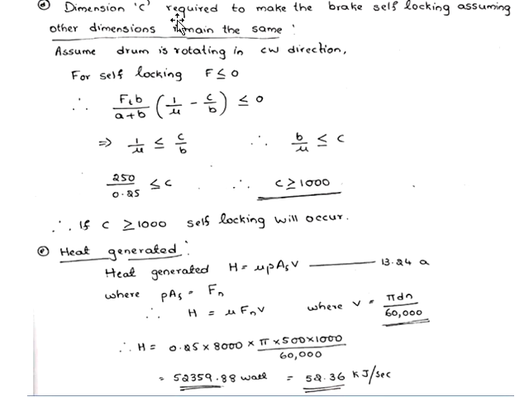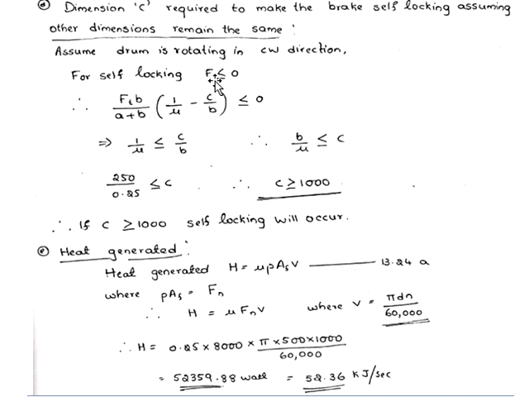Next sub-question, the dimension C needed to make the brake self-locking, assuming other dimensions remain the same. First, assume the drum is rotating in the clockwise direction. Therefore select the equation for clockwise. The condition for self-locking is that, without applying any external force, the block has to stop. The brake rotating element or disc has to stop.